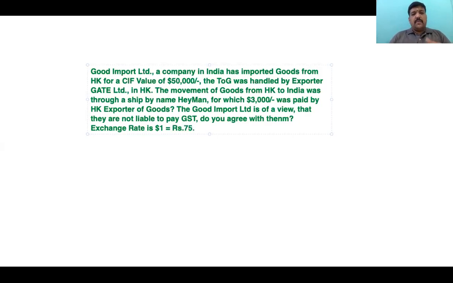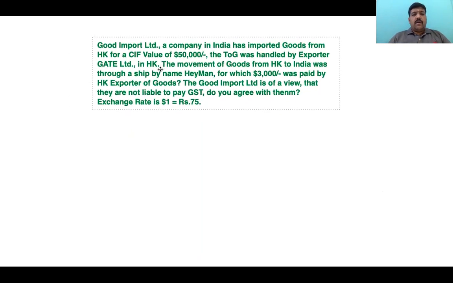First, let me get into some basic discussion, then we can move forward. Same case study, three variations we will have, to have a complete understanding of this case study. Good Import Limited has imported goods from Hong Kong for a CIF value of $50,000, where the export is handled by another company called Gate Limited in Hong Kong.